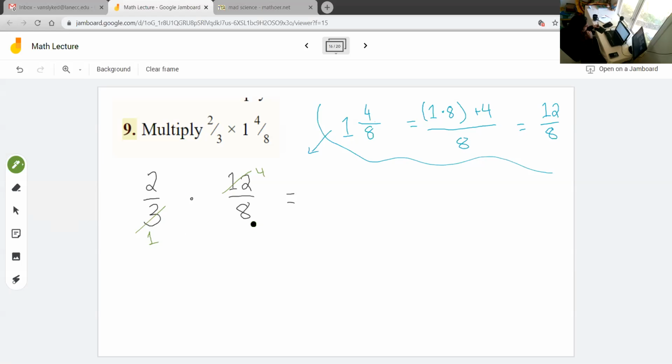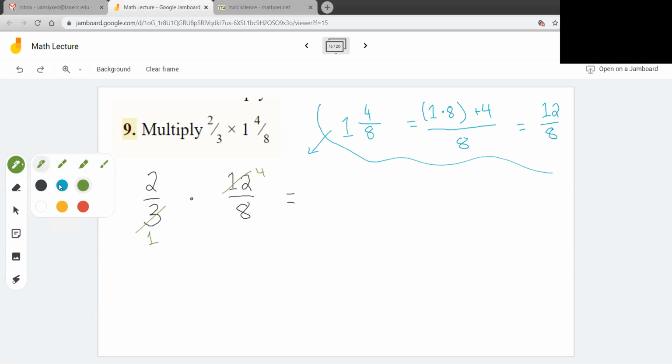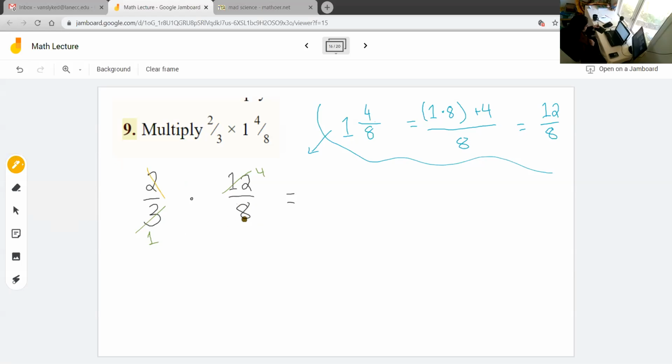I can do the 8 and the 2. So 2 divided by 2 is 1. 8 divided by 2 is 4. I could multiply across now and get 4 over 4. Or I can say we can also reduce the 4s and just have 1.